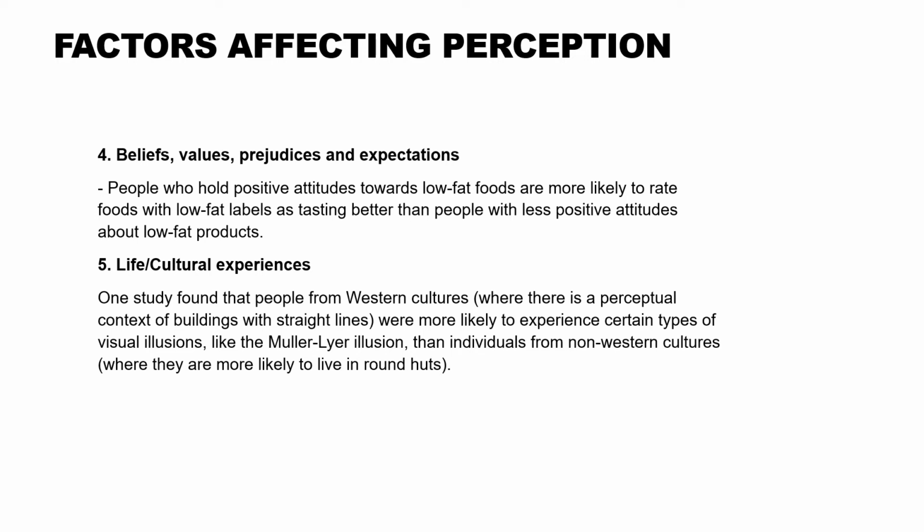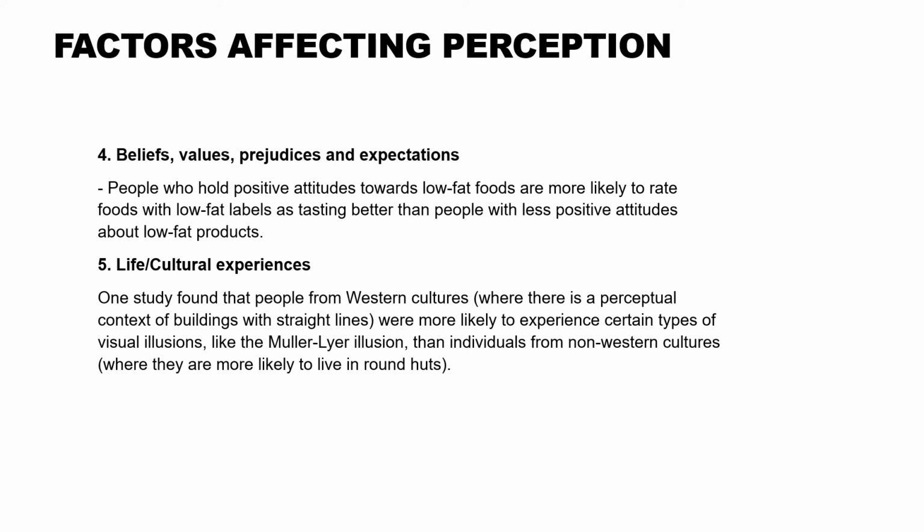Life and cultural experiences can also affect perception. For example, one study found that people from Western cultures, where there's a perceptual context of buildings with straight lines, were more likely to experience certain types of visual illusions, like the Miller-Lyer illusion, than individuals from non-Western cultures, where they're more likely to live in round huts.